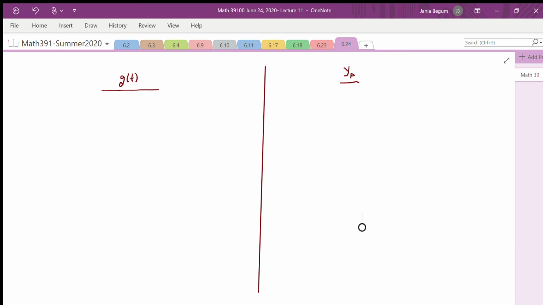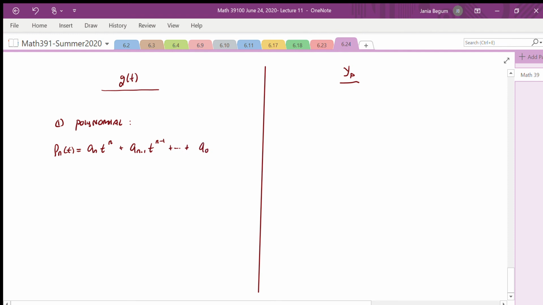If g of t is a polynomial, generally we would write a polynomial of nth degree in this form: Pn of t equals an t to the n plus an minus 1 t to the n minus 1, all the way up to a0. That's an nth degree polynomial.